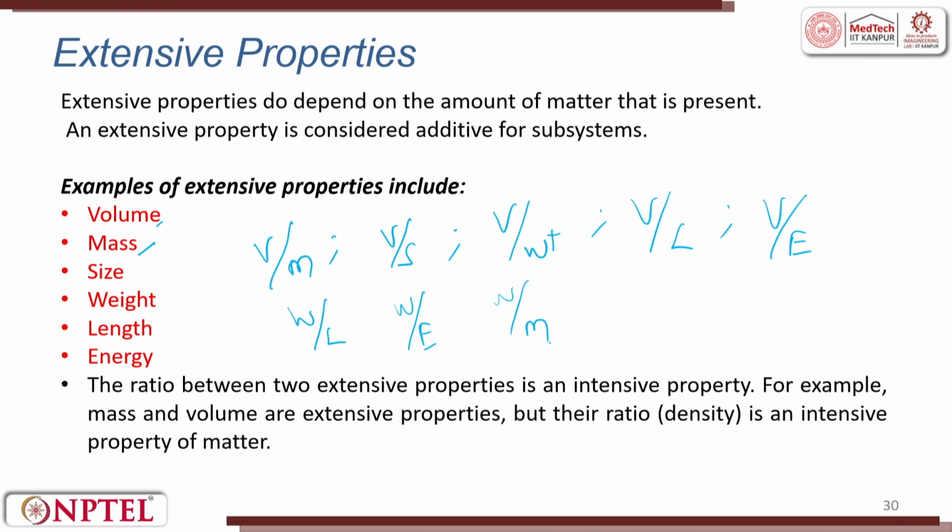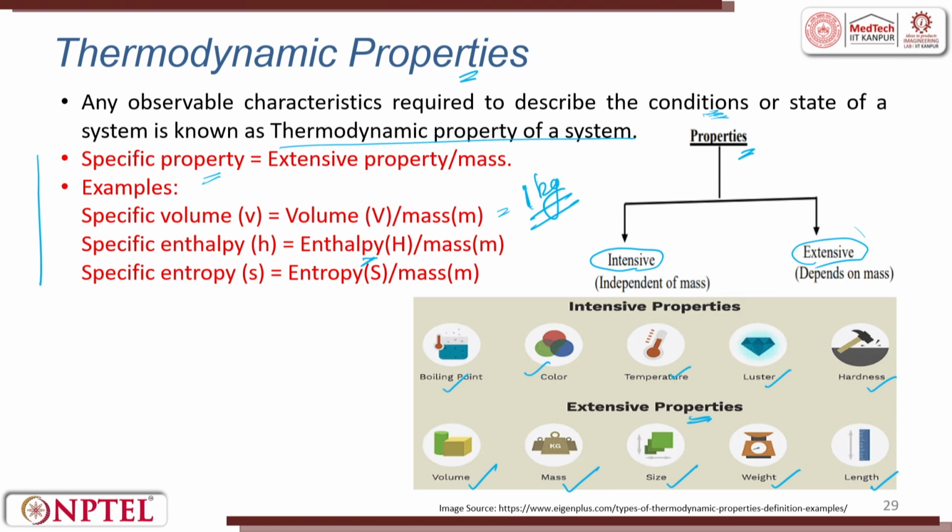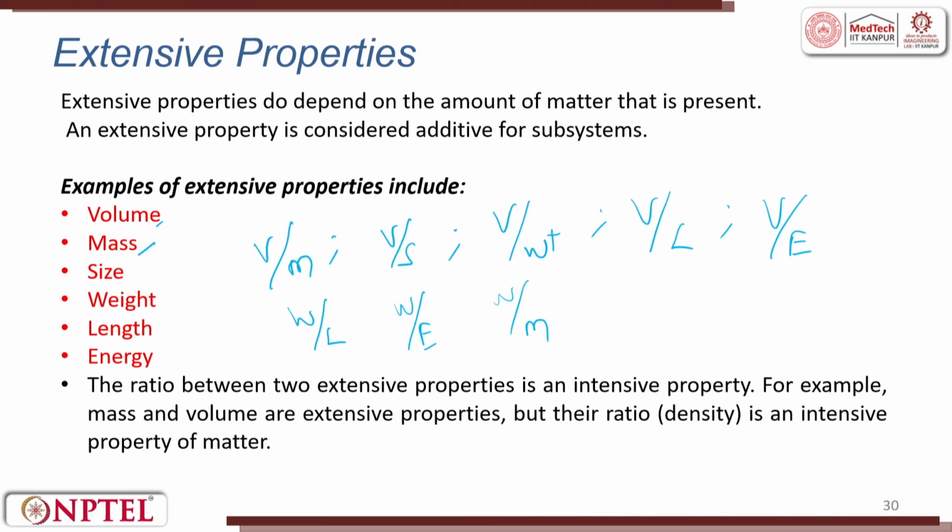So, you can see that. The ratio between two extensive properties is an intensive property. For example, mass and volume are extensive properties, but their ratio, density, is an intensive property. What is intensive? It does not depend on the mass, it is independent of the mass.